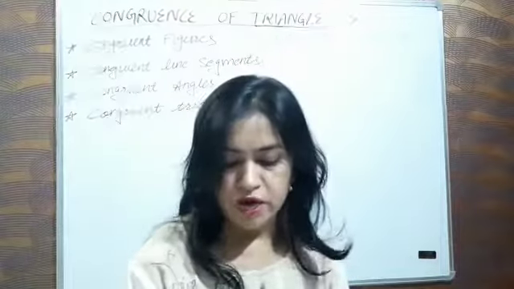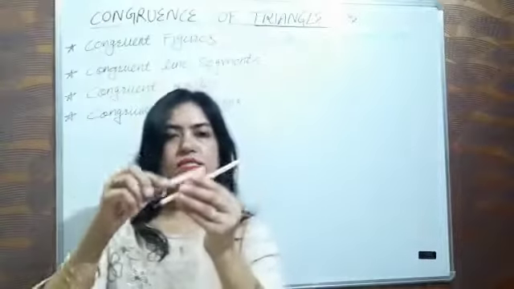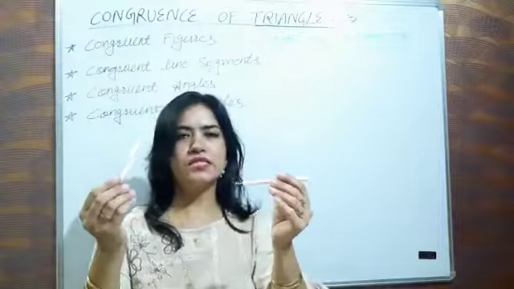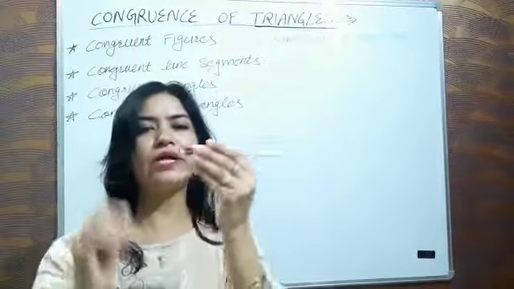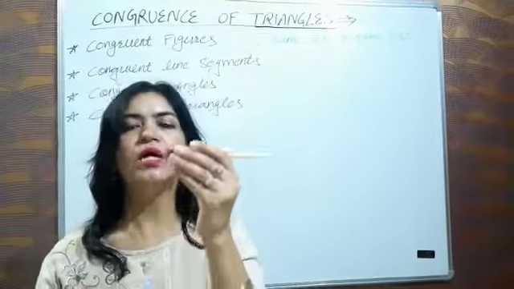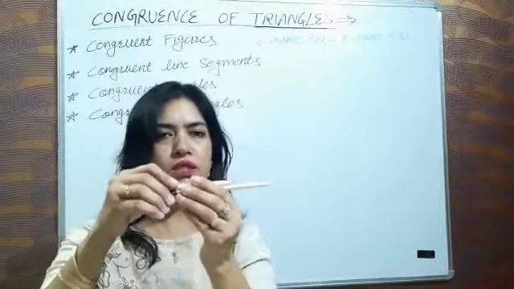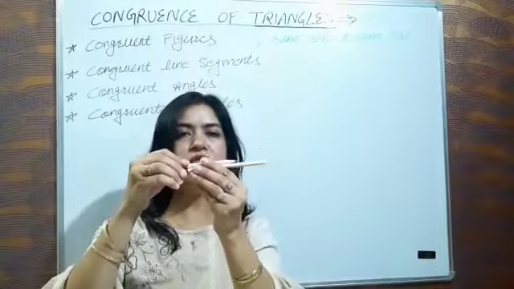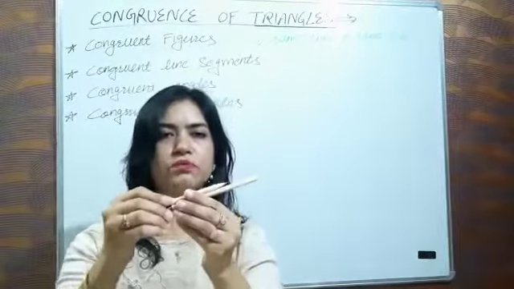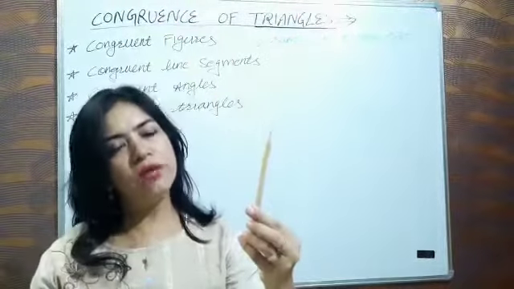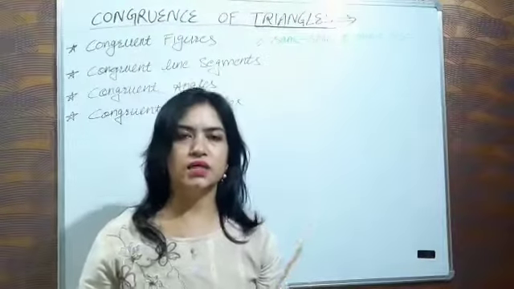But if I take these two pencils, suppose these two pencils are line segments, and I try to overlap one pencil over the other, do these two pencils superimpose? No, these do not superimpose. Why? Because one pencil is bigger than the other.